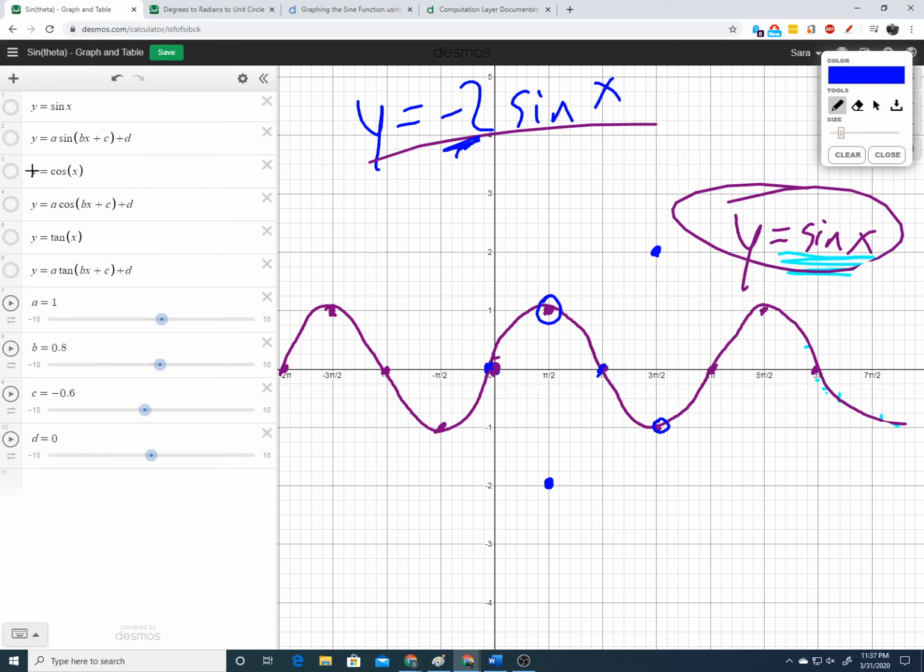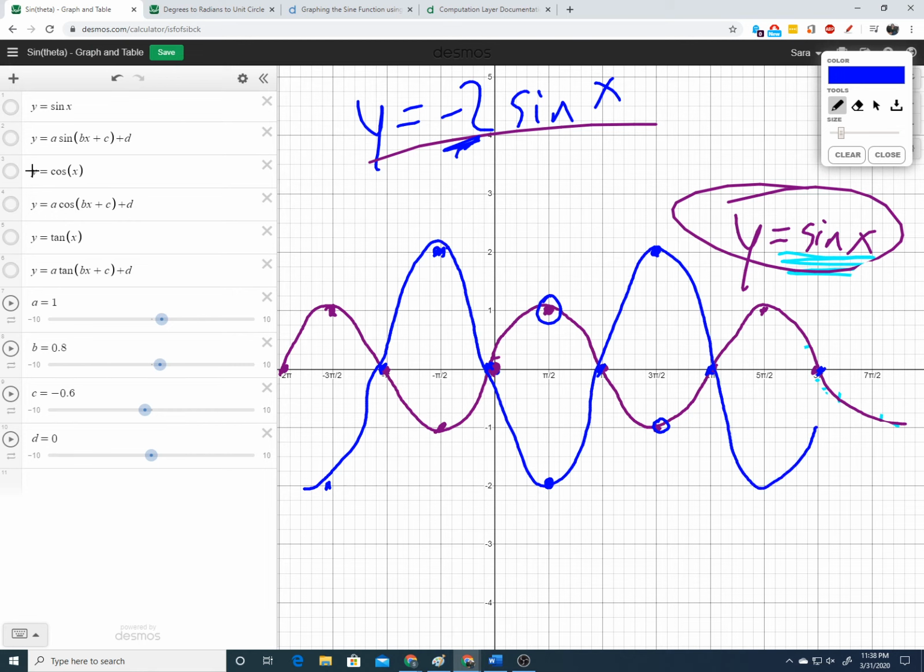So your zeros will stay the same, but your y's, your minimums and maximums, will change. And if you want to see how I did, now we can try graphing it.